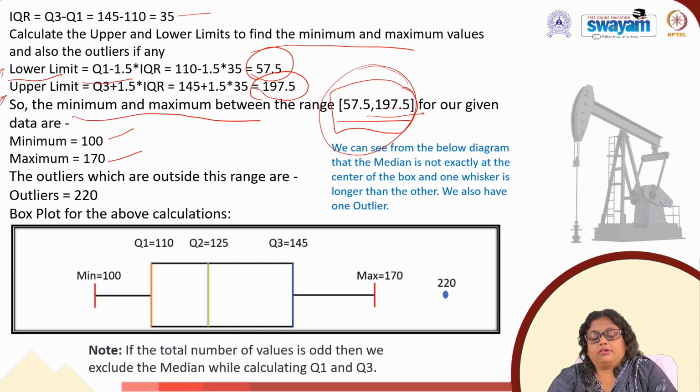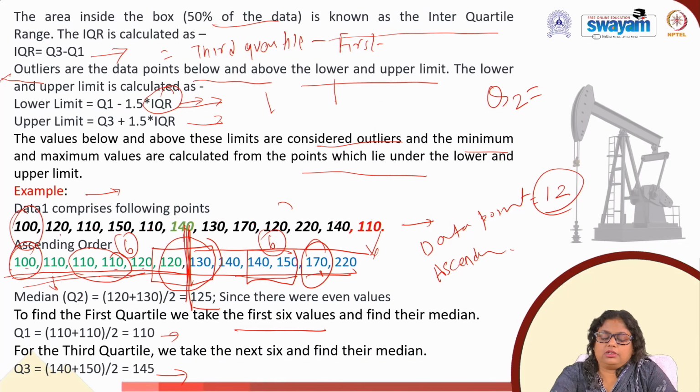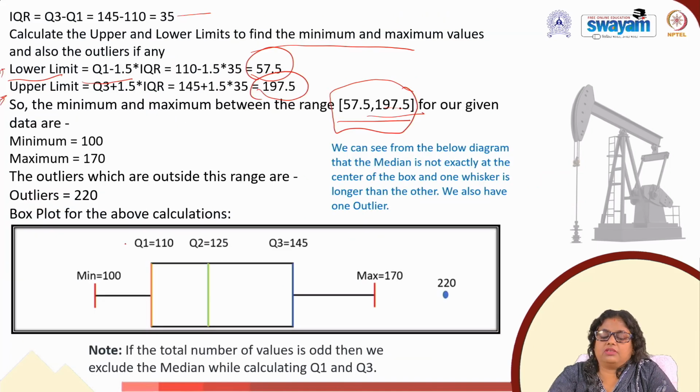Now, to find the outlier: the values outside of this range are the outliers. What is my range? 57.5 to 197.5. Going back to the data set in ascending order, this is the value outside the range. So this is my outlier.